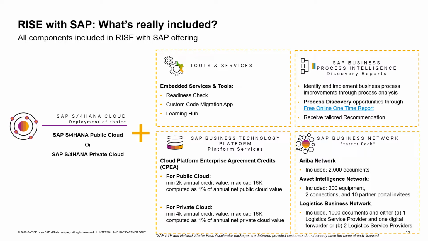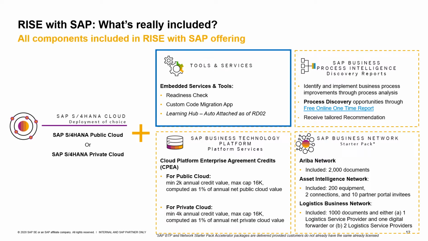And then it allows you, our partner, to sell more, and it gives you opportunity to upsell. And then we have our Business Technology Platform, where we provide cloud platform enterprise agreement credits for both the public cloud and the private cloud, where we calculate on the net public cloud or the net private cloud value 1%, and then that's calculated out to give you some credits.